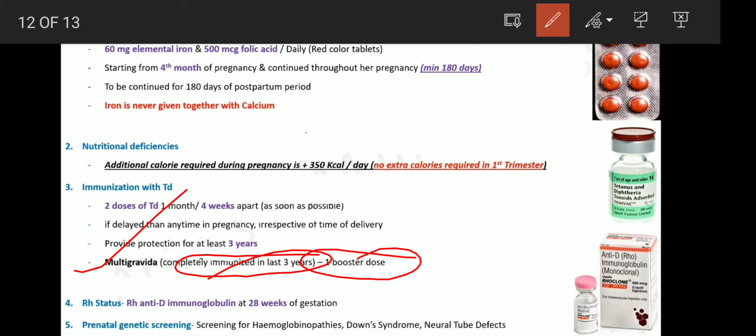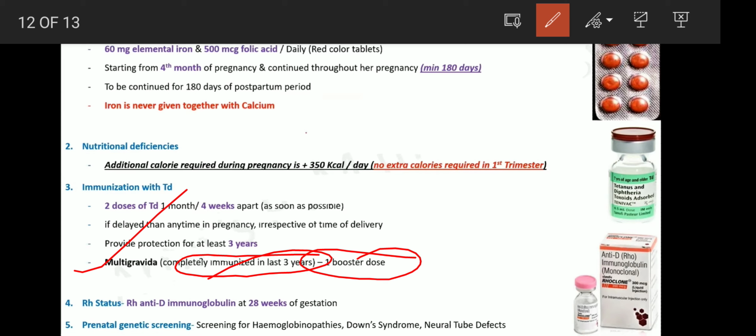Only for a woman who has been immunized earlier, the booster dose will be sufficient, because it provides the necessary cover for the subsequent pregnancies for the next 5 years.